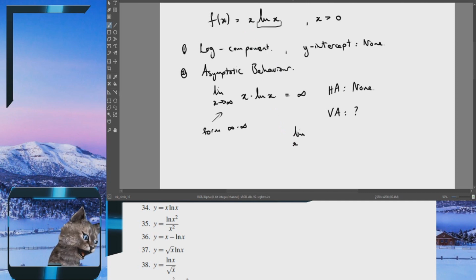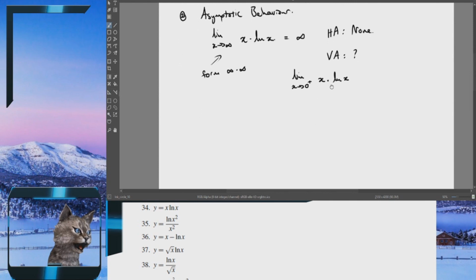So I want to check if x gets close to 0 from the right, what is happening to the function? Does it still go to infinity, plus or minus? This is a little bit more complicated than just checking in a rational function for a 0 denominator. What is the form of this limit? Well, x goes to 0, and log of x goes to infinity.